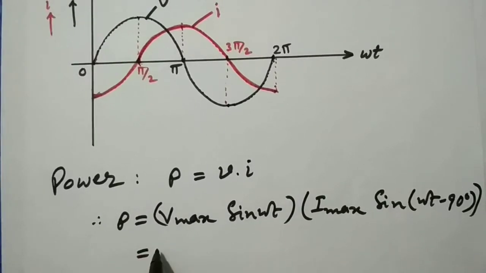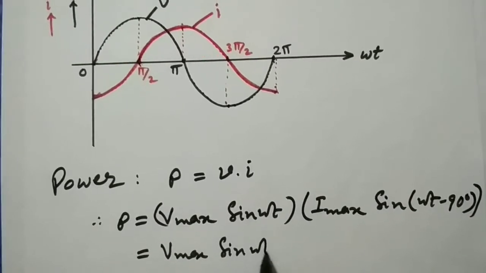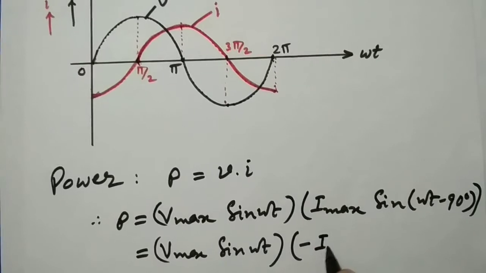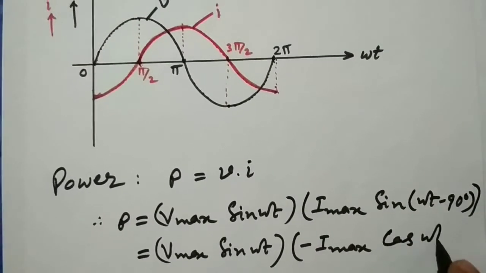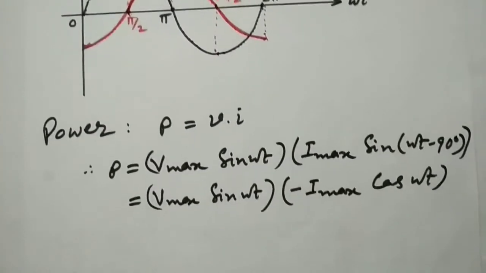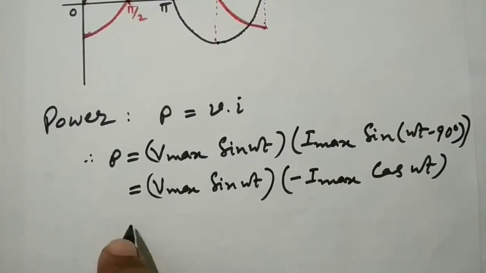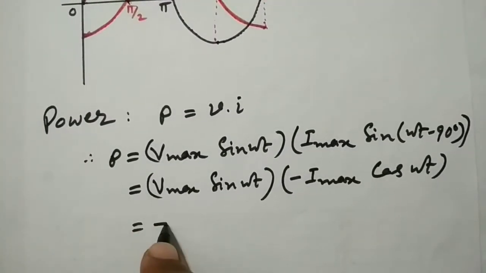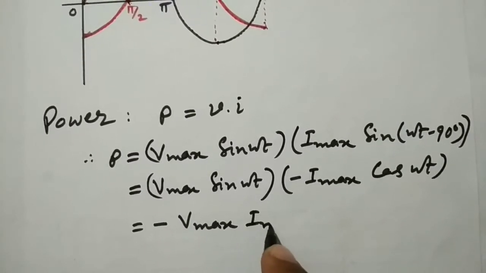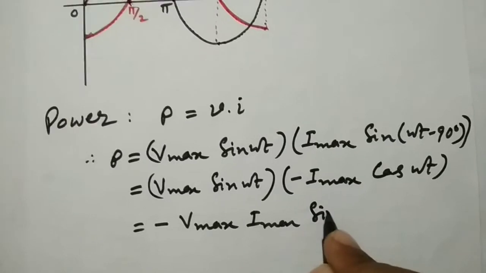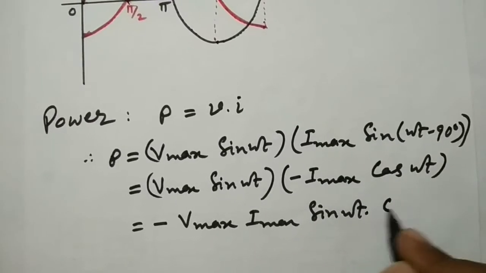So it will be Vmax sin omega t into minus Imax cos omega t, so it will be minus Vmax Imax sin omega t cos omega t.